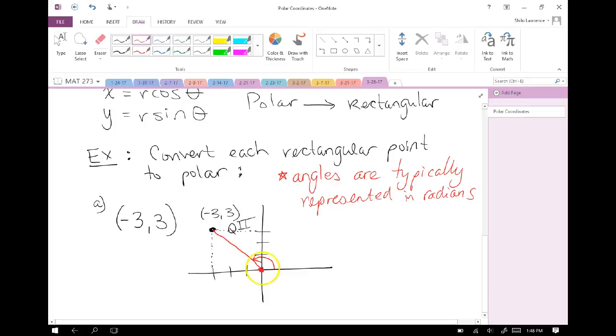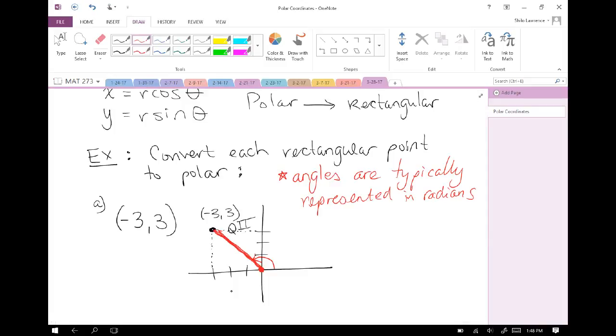So let's see what this distance is. That's really just the hypotenuse for the right triangle that has 2 legs of length 3. So is R kind of like the magnitude? Yeah.